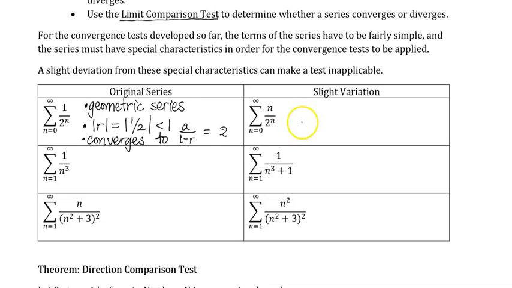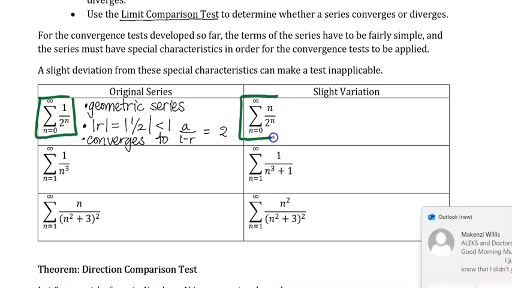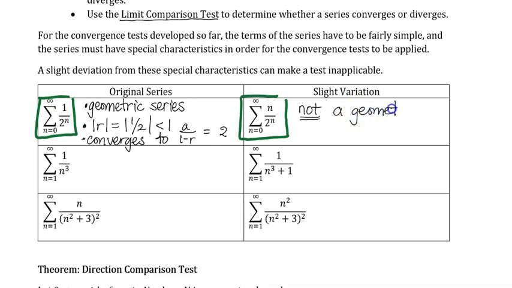But the series on the right side that looks very similar to this series, this is not a geometric series, simply because of the n that shows up in the numerator.